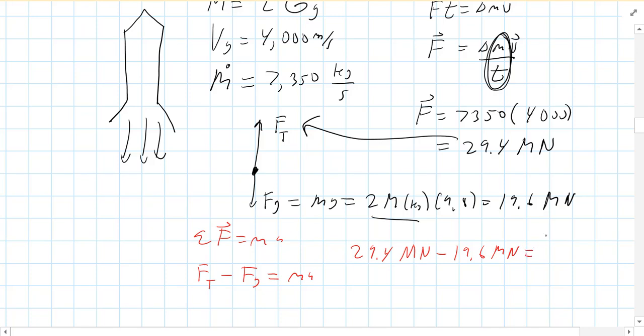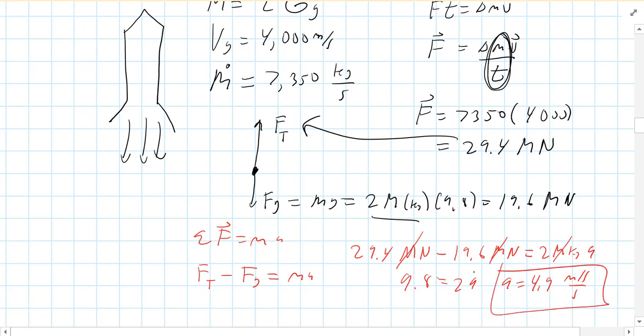This equals 2 million kilograms, which is 2 mega kilograms, times a. So what you'll notice is all the megas cancel out here, okay? And so you end up with 9.8 equals 2a, and so a is 4.9 meters per second squared.